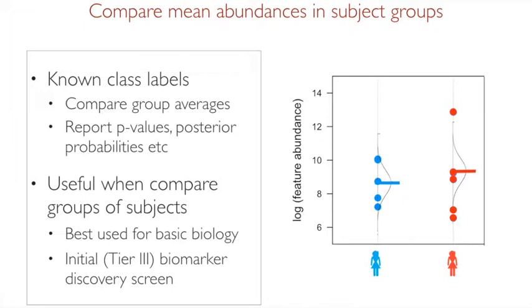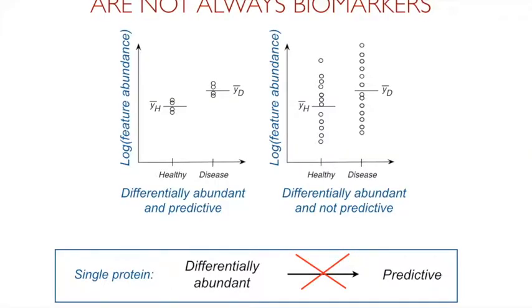The reason is that a biomarker is supposed to be actionable on an individual subject and not on the average subject in the population. Because the doctor in the clinic doesn't have the average subject in front of them, they have a specific person. And they need to make a decision for this particular person. Is this person healthy, or does the person have a disease, or is the person likely to respond to a therapy or not? And so this was the point we looked at.